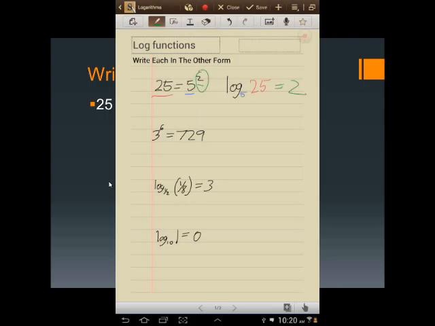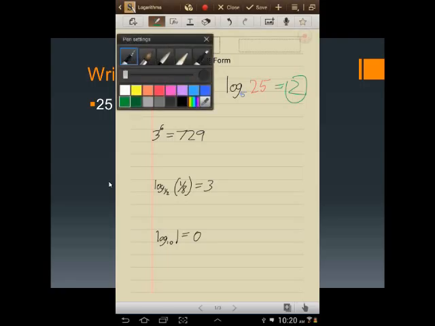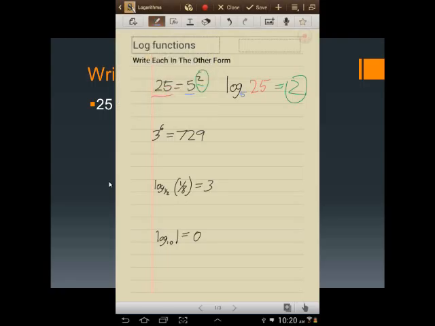And the exponent is what it equals in the end. So in this one, 3 to the 6th power equals 729. The log base 3 of 729 equals the exponent of 6.